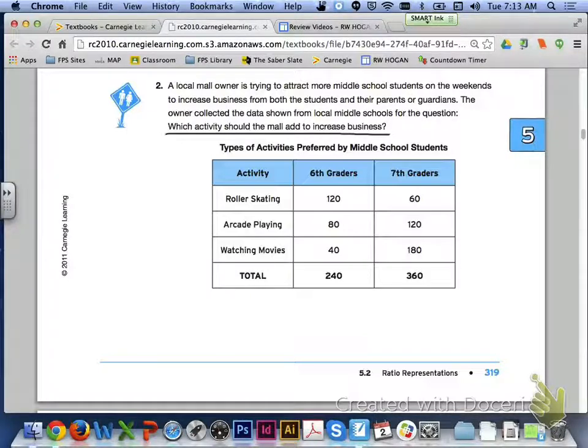So take a look at the table and study each of the activities, and look at the 6th graders and 7th graders and the activities that they do prefer. And what we are going to do is answer the question on the top of page 320 based off of this table.